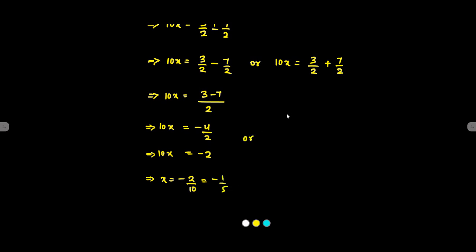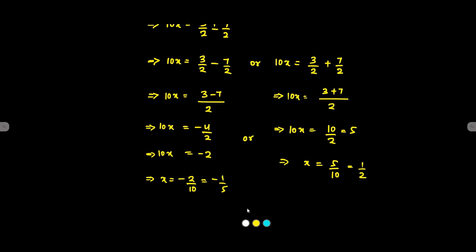Or here 10x is equal to 3 plus 7 by 2, which is 10 by 2, which is equal to 5. That implies x is equal to 5 by 10, which is equal to 1 by 2.